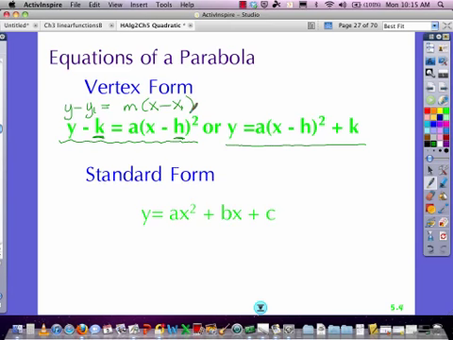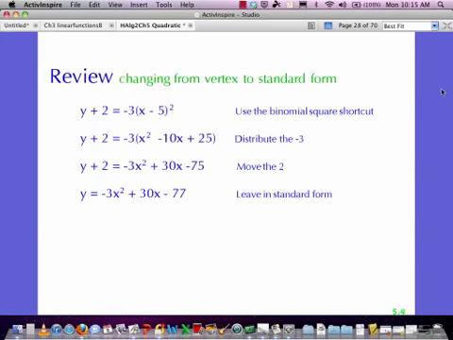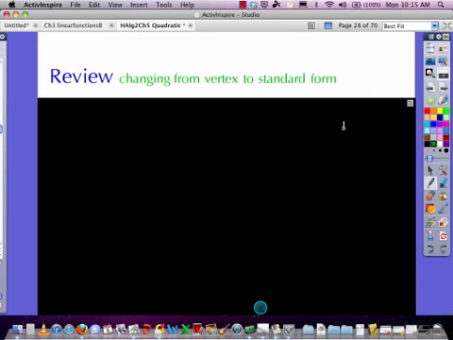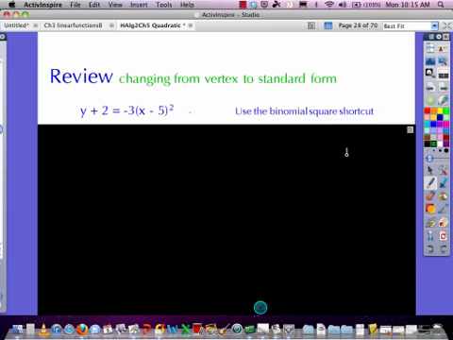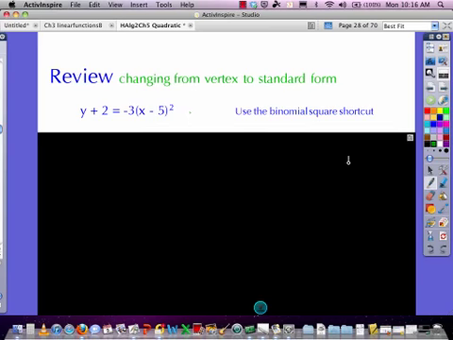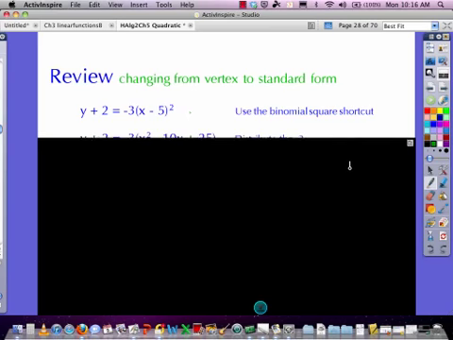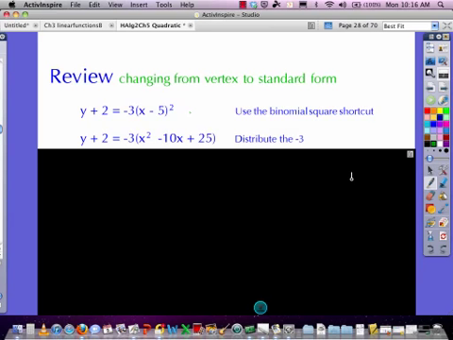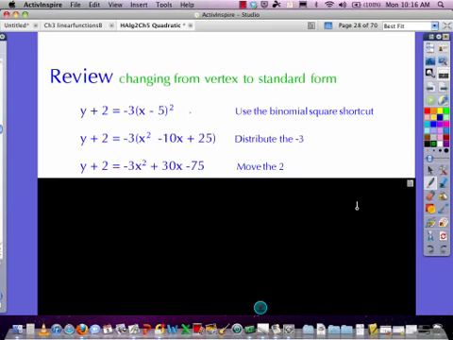So let's review again what the steps were for changing from vertex to standard. It's really just algebra steps. So we start with an equation. We would use that binomial square rule to take care of the parentheses. That would give us the x squared minus 10x plus 25. We would then distribute the negative 3, giving us now negative 3x squared plus 30x minus 75.